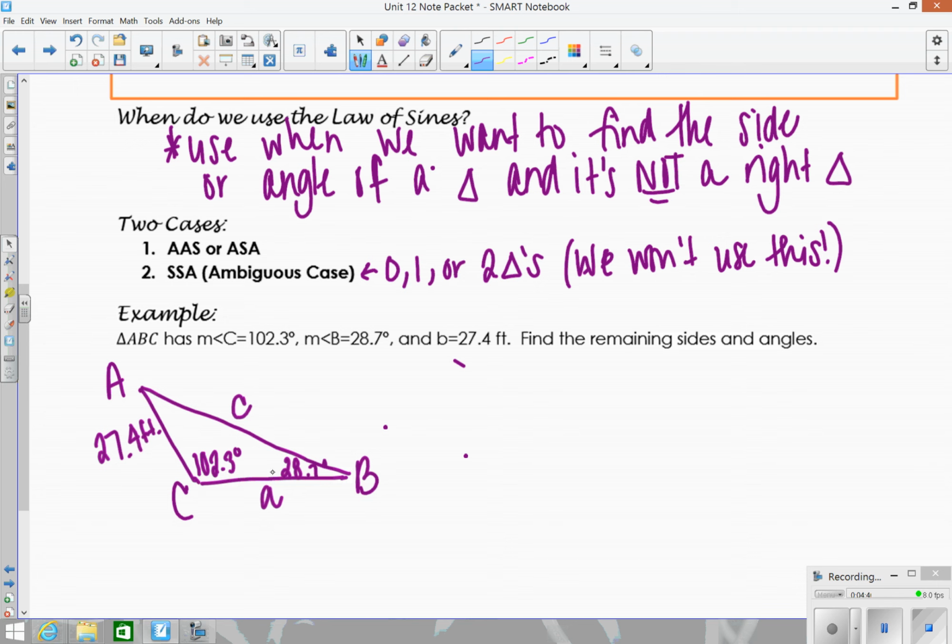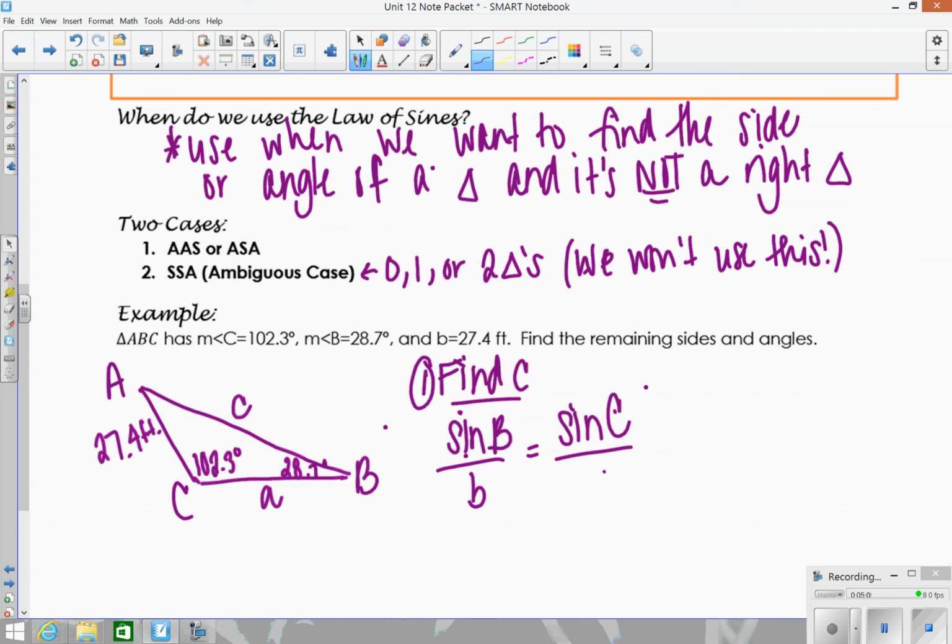The law of sines will allow me to find side c right away, because I know the two angles, B and C, and I know side b, so I can figure out side c. I'm going to find c by using the formula sine B over b equals sine C over c.